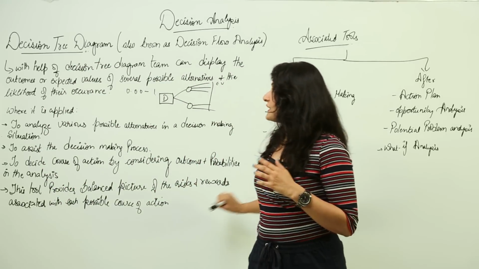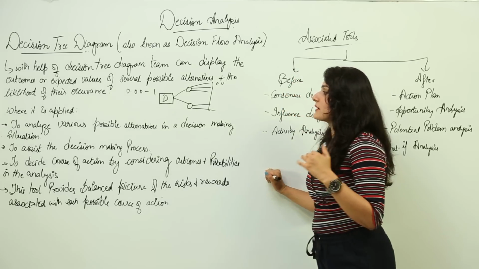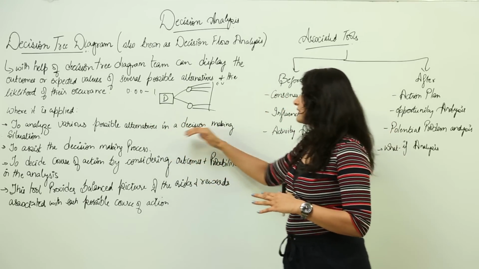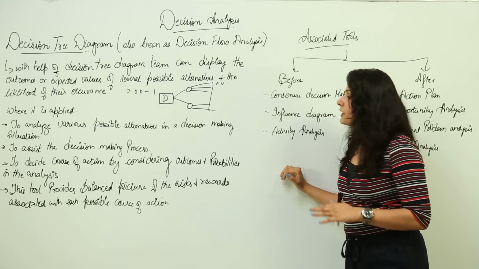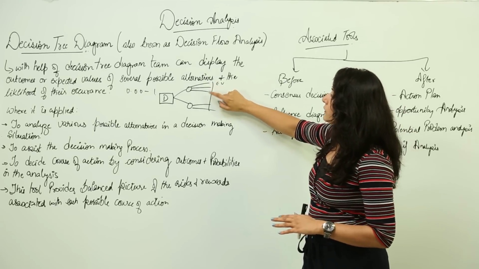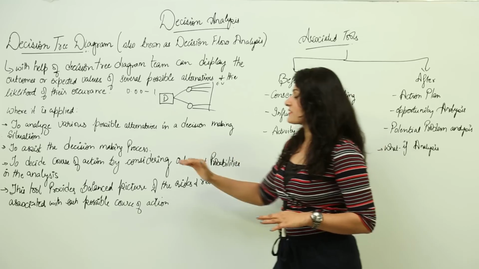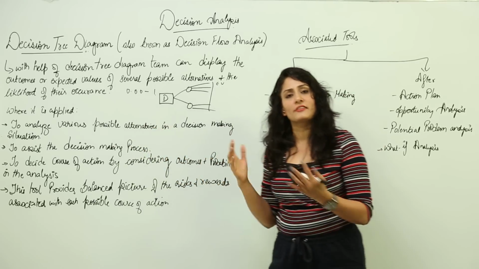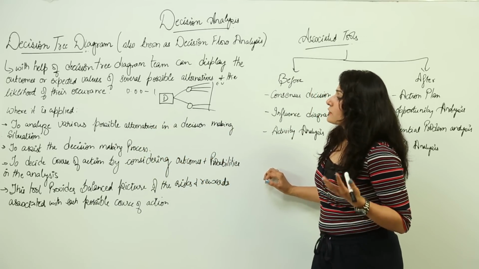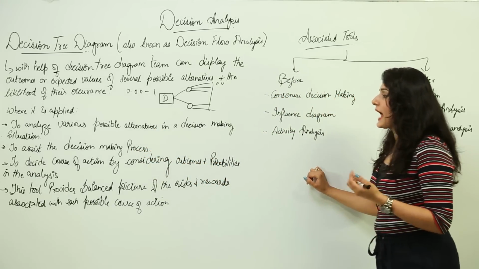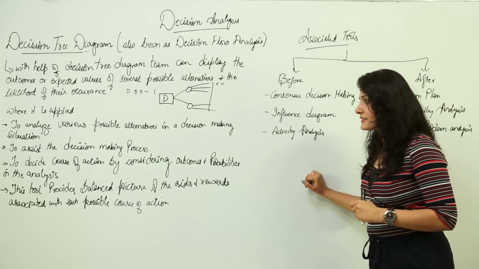So if we have to see where it is applied, it is used to analyze various possible alternatives in a decision making situation, right? We can analyze all the alternatives for that particular decision to assess the decision making process. Obviously it's a decision making tool, used to decide a course of action by considering outcomes and probabilities in the analysis, right?